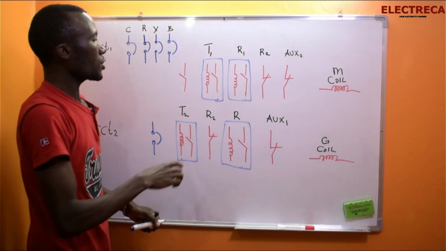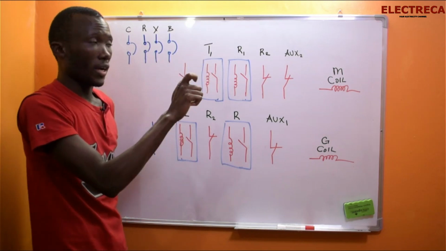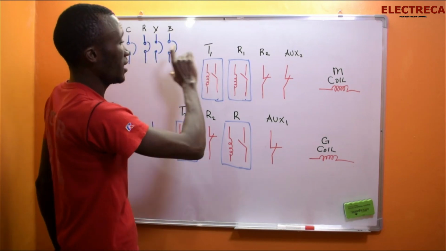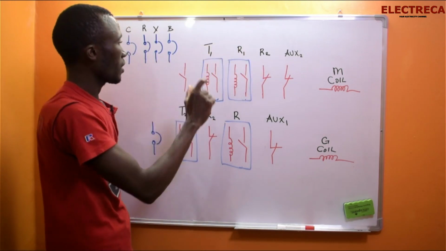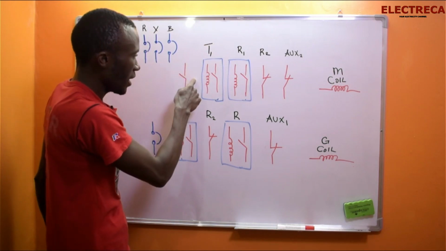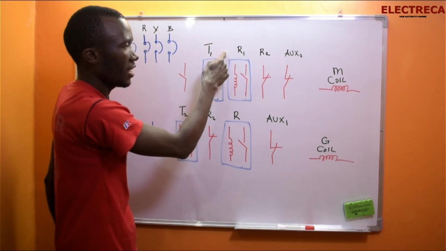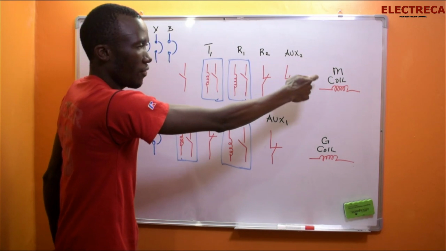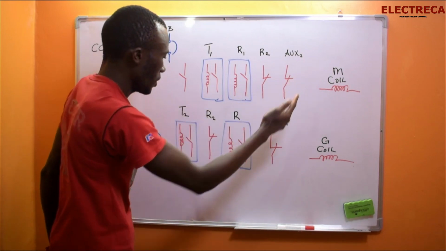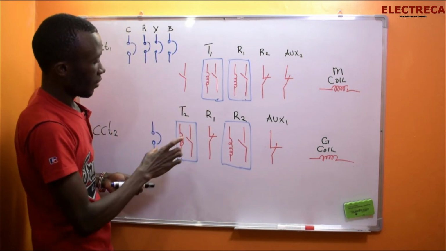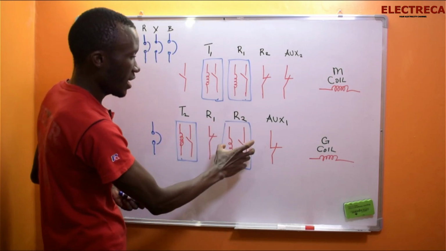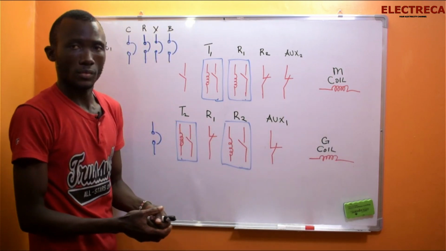Circuit number one, the main supply, you have a timer, you have a relay, and then you have a contactor. Circuit number two, you have a timer, you have a relay, and you have a gen contactor.